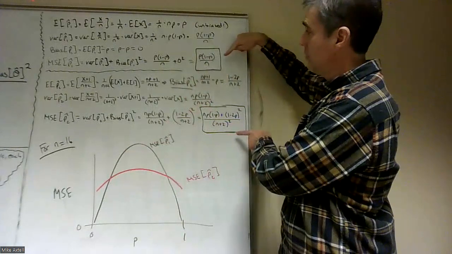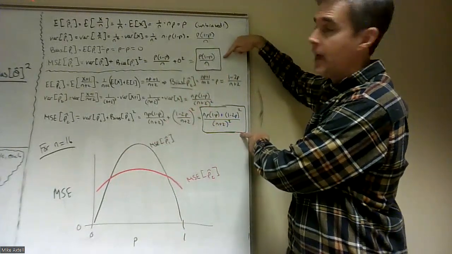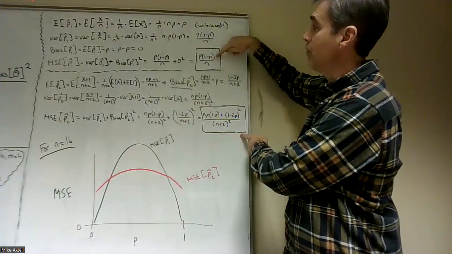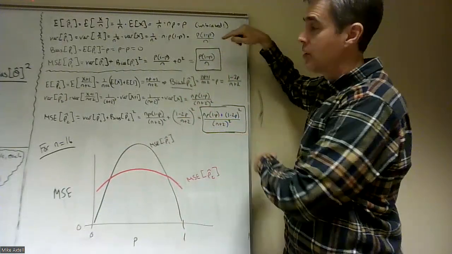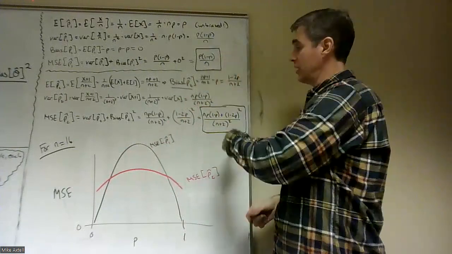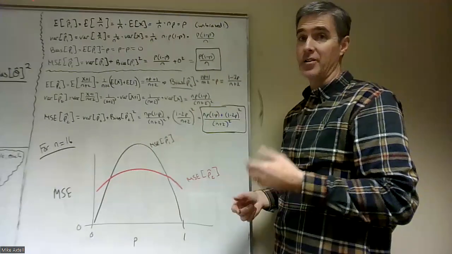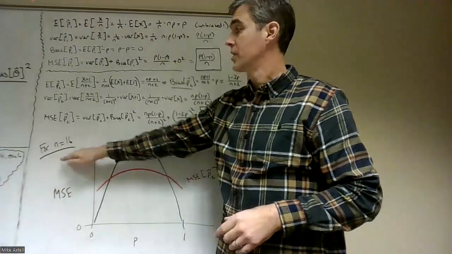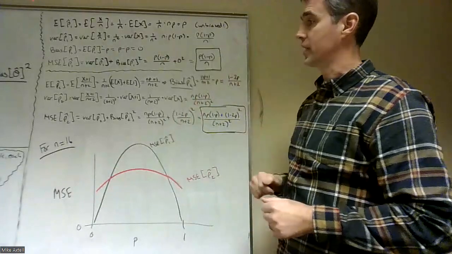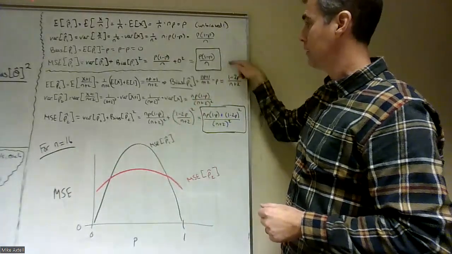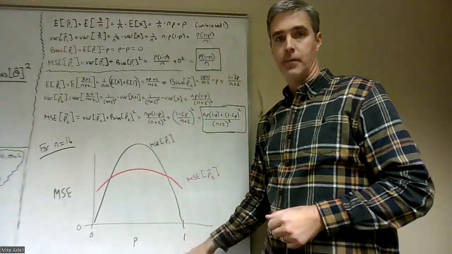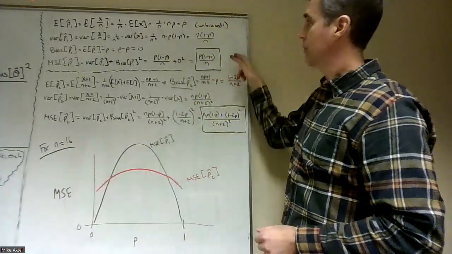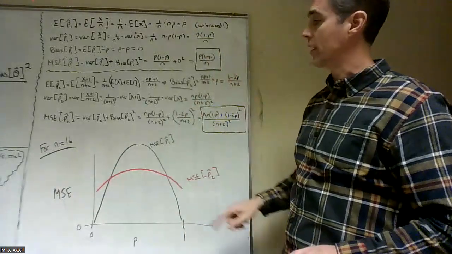So I need to compare these two mean squared errors. You'll note they're both a function of n, the number of trials, and p, the probability of success. So the answer of which of these is smaller might depend on your n and your p. For example, for n equals 16, replacing all the n's in both of these with 16, I can graph both as functions of p, where the probability goes from 0 to 1. On the vertical axis, I'm graphing the values of these mean squared errors.